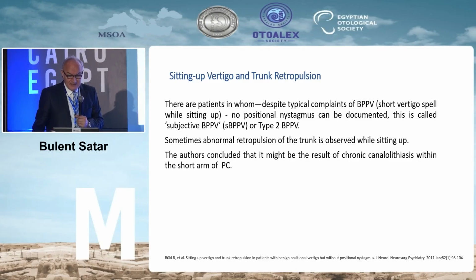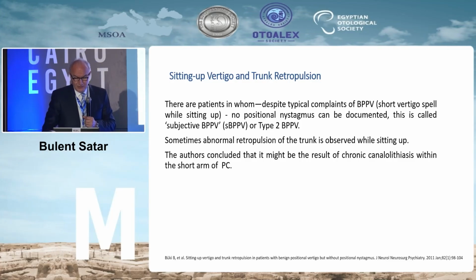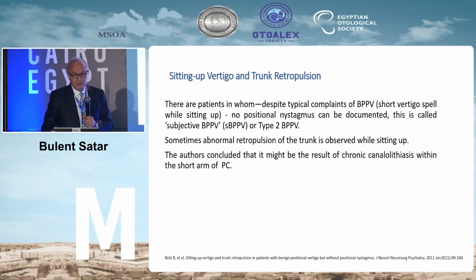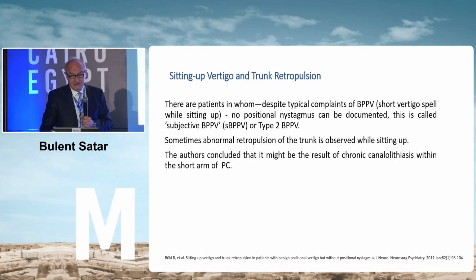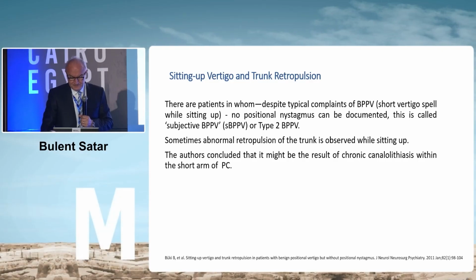Actually, this entity was mentioned first by Buki et al. They said there were patients in whom, despite the typical complaints of BPPV and with no positional nystagmus, they called subjective BPPV or type 2 BPPV.